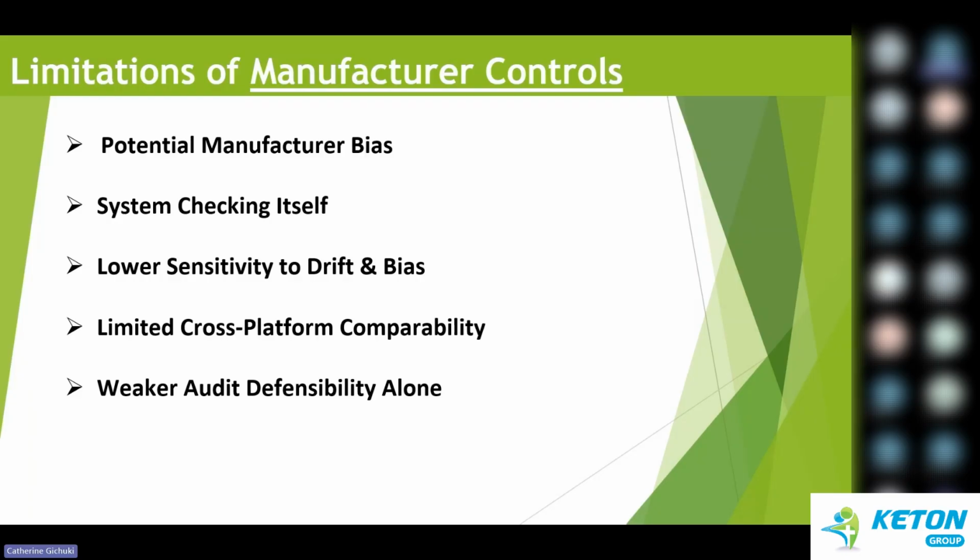Then limitations. We're going to look at the limitations of the manufacturer's controls. The first one is potential manufacturer bias. These manufacturer controls are usually optimized to work with the vendor's own reagents and analyzers.